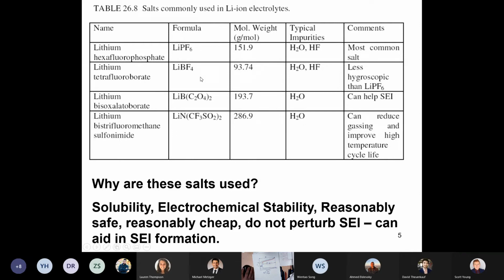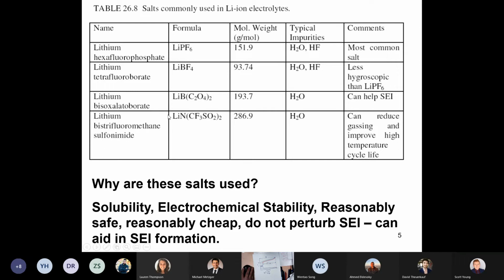Lithium BF4 is not used too much. This lithium bisoxalato borate is called LiBOB. It's a common electrolyte additive, especially in cells with lithium manganese oxide spinel. And this is called lithium bis(trifluoromethane sulfonyl)imide, or the short name for it is LiTFSI, TFSI.